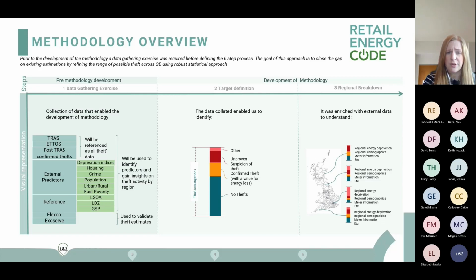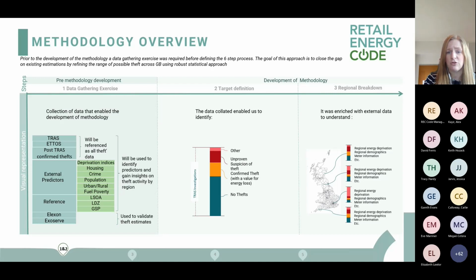In addition to these, we identified that there were some further predictors that we might be able to look at, and this is through speaking with theft SMEs. So we identified some areas where there was certain anecdotal evidence and suggestion that there might be data, such as deprivation indices or housing type and crime data, that might actually be useful predictors for theft.